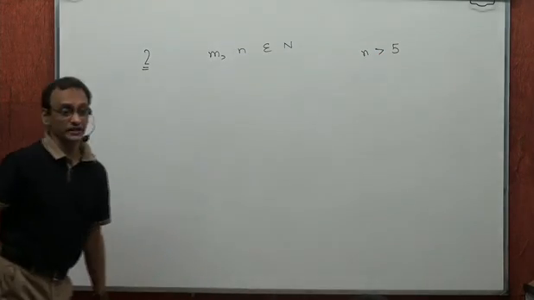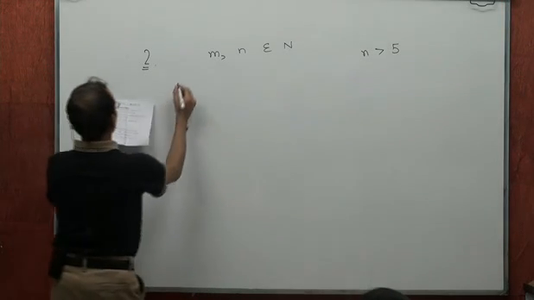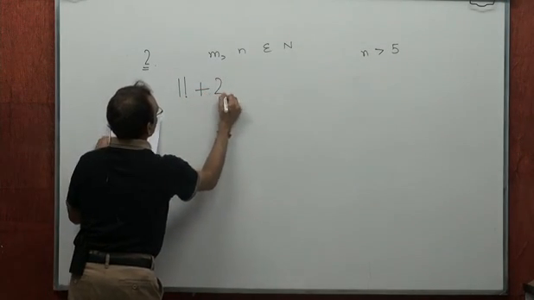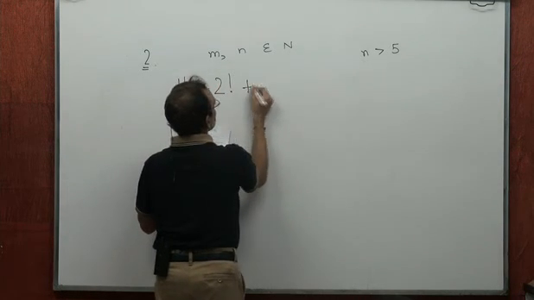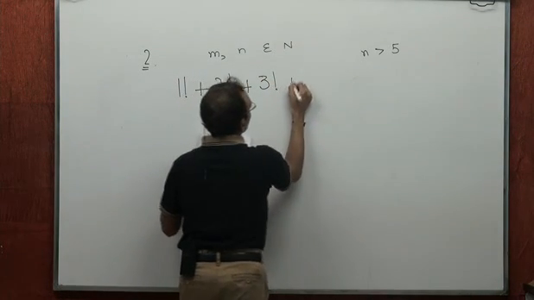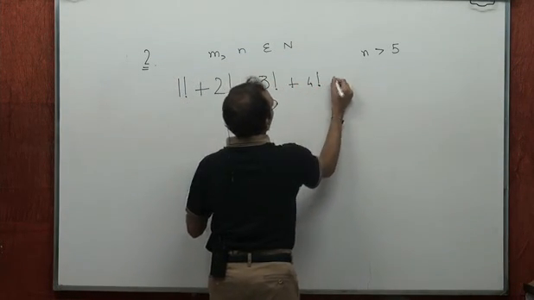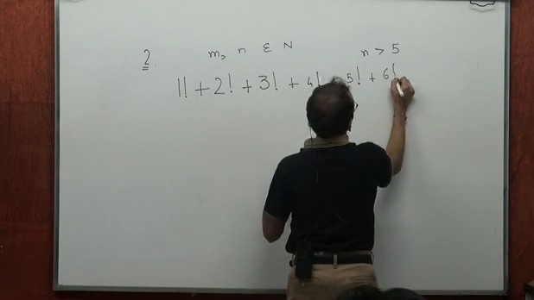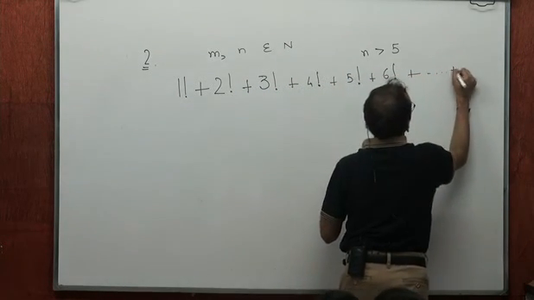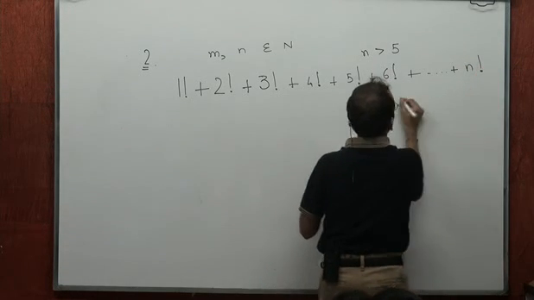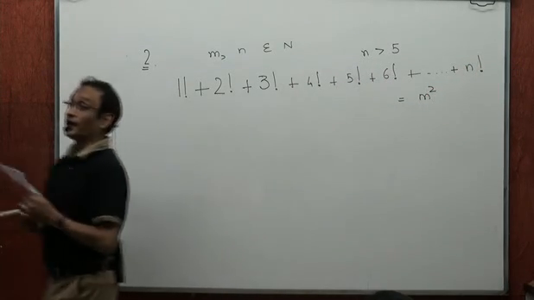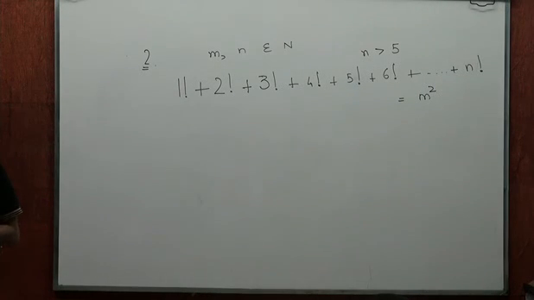We are then talking of 1 factorial plus 2 factorial plus 3 factorial plus 4 factorial plus 5 factorial plus 6 factorial plus up to n factorial is square of a natural number, m. And I seek to find natural number values of m and n.